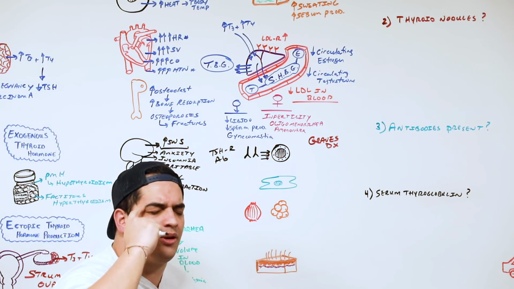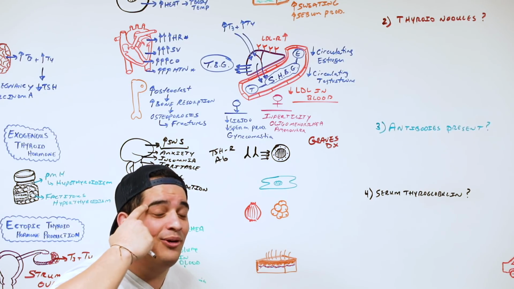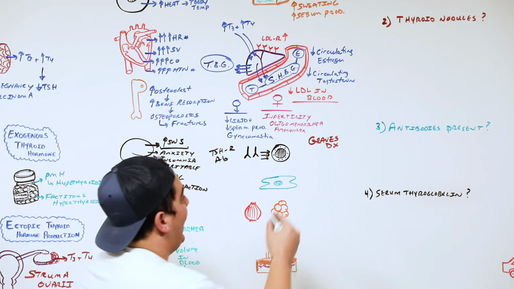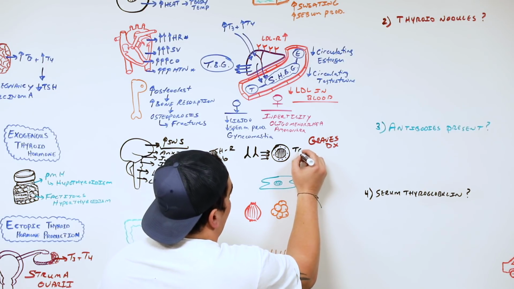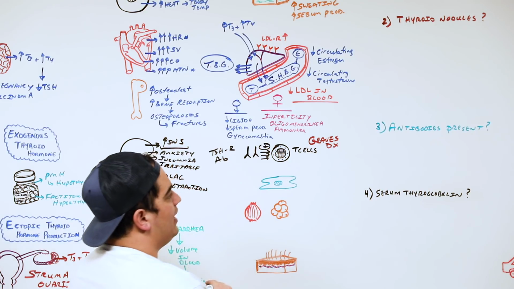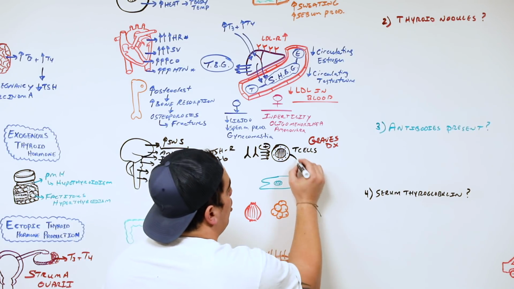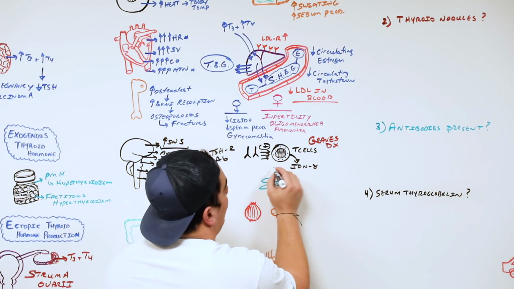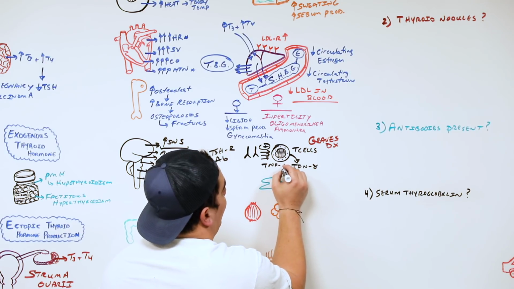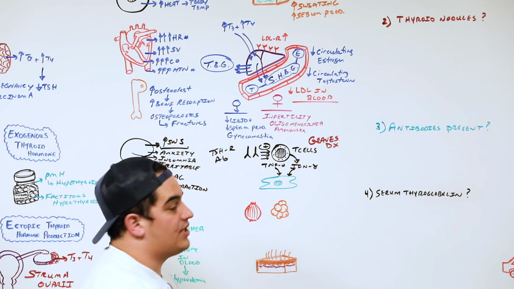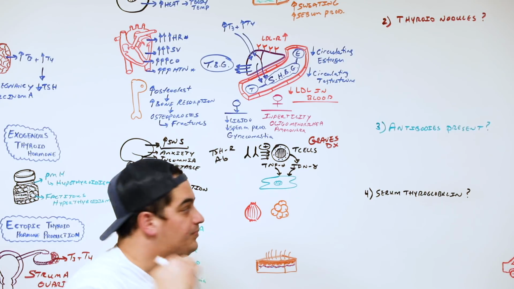You know where these T cells are most particularly stimulated? Believe it or not, in the retroorbital space. And what happens is these T cells in the retroorbital space become super stimulated by these TSH receptor antibodies. And they start producing a lot of interferon gamma and a lot of tumor necrosis factor alpha. And these start stimulating a lot of the fibroblasts that are located in that retroorbital space.